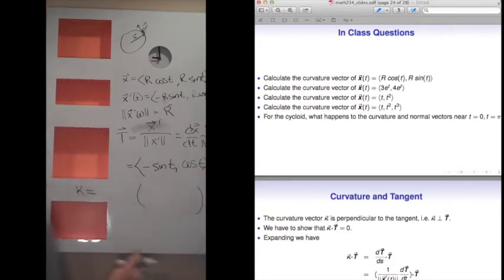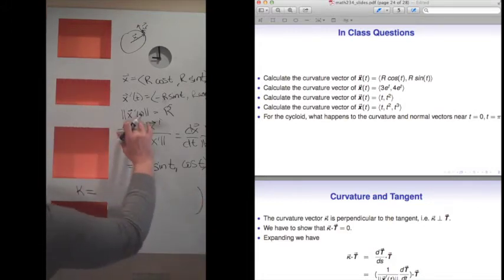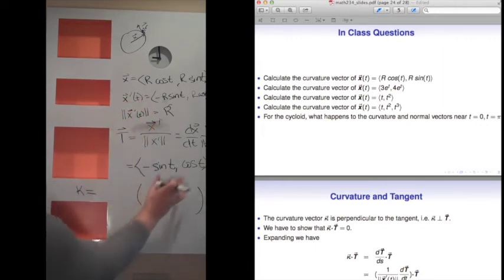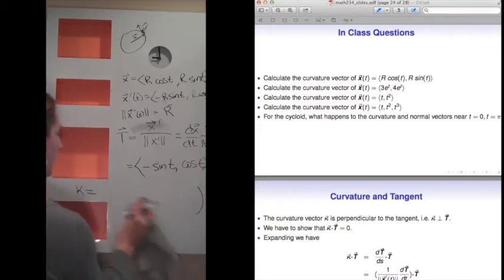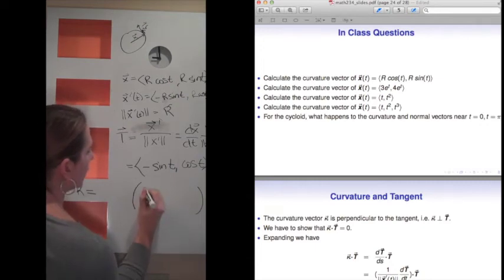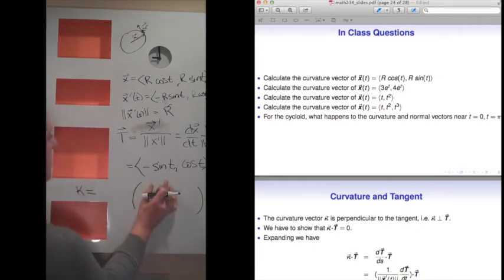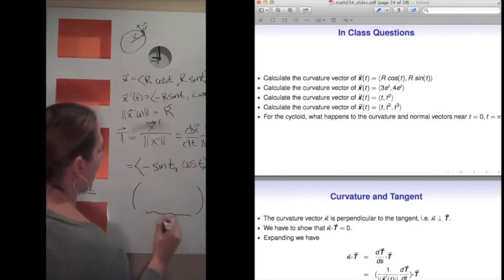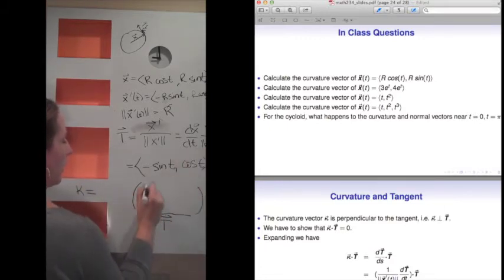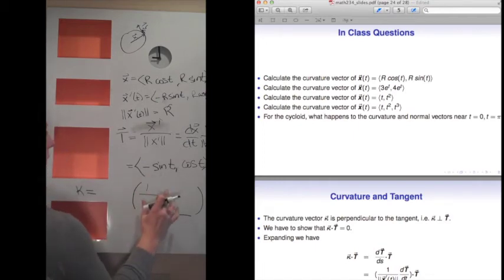First, we want x prime of t normalized, which is this. If you remember, what I got inside here was just t.